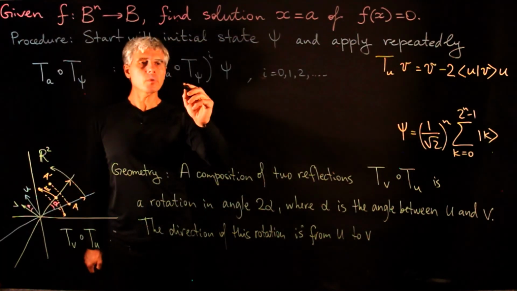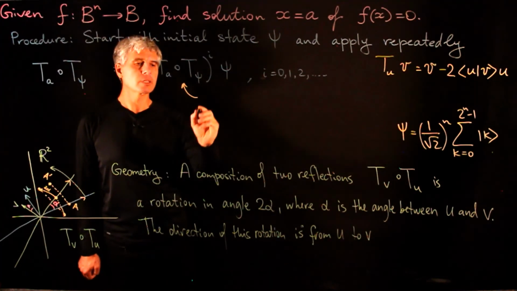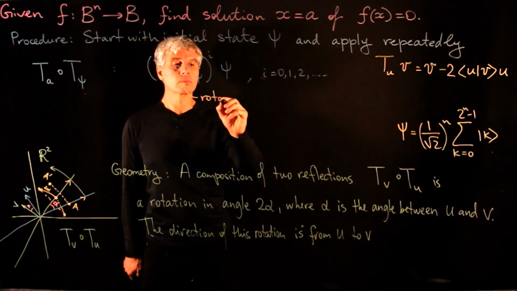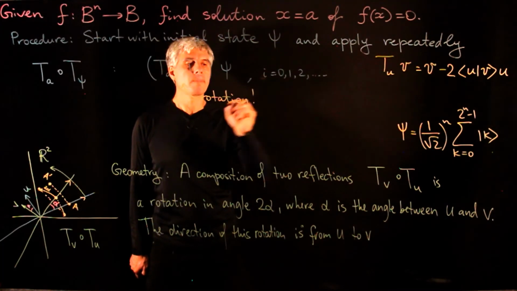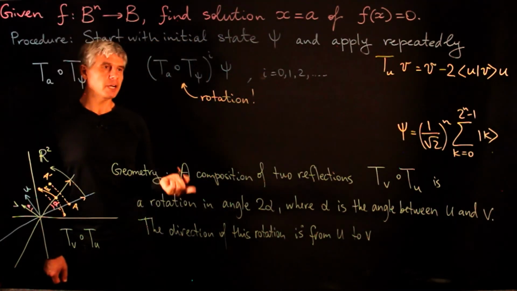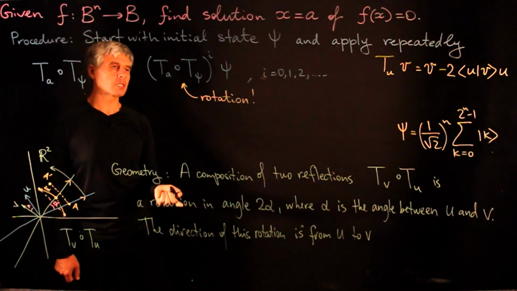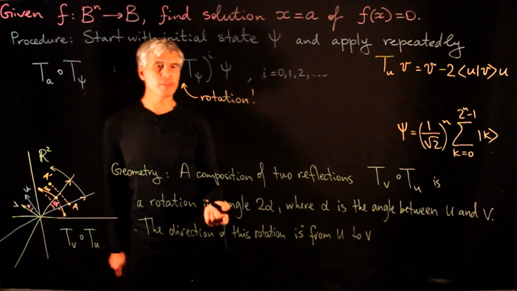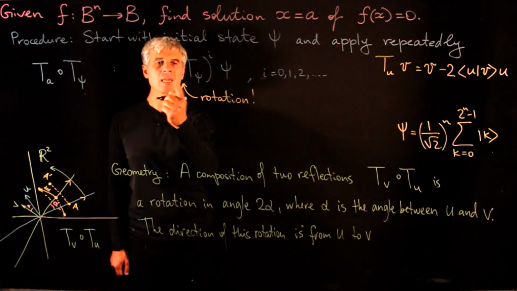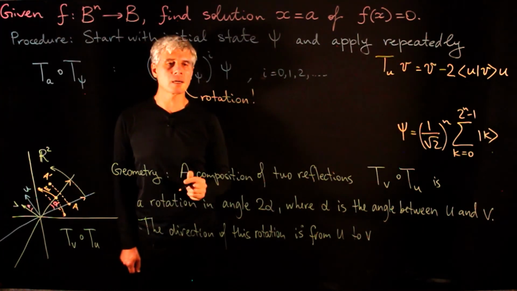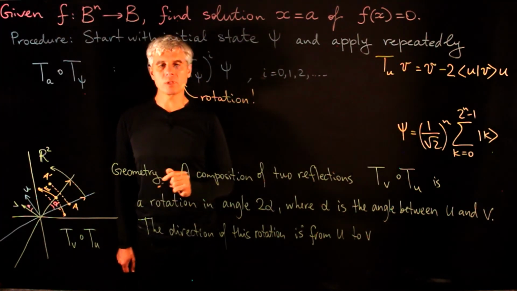Now, we know that this composition is a rotation. Let us find the angle of rotation. The angle of rotation is twice the angle between the vectors a and psi. And these vectors are both unit vectors.